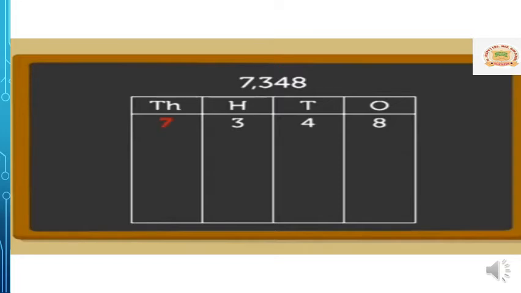When 7 is on the thousands place, its value becomes 7000. Understand? And when 3 is on the hundreds place, its value becomes 300. When 4 is on the tens place, its value becomes 40. And 8 is on the ones place, means 8 only.